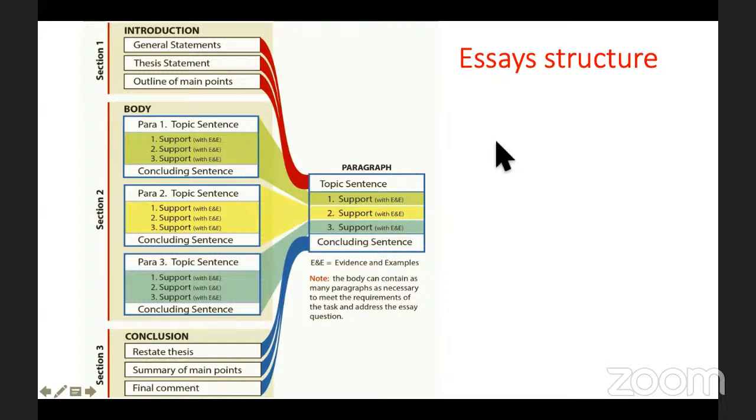Basically, in the introduction, we have a general statement, a thesis statement, and an outline of main points, right? These three types of statements help us to introduce the topic. A general statement means something general, not a general idea.